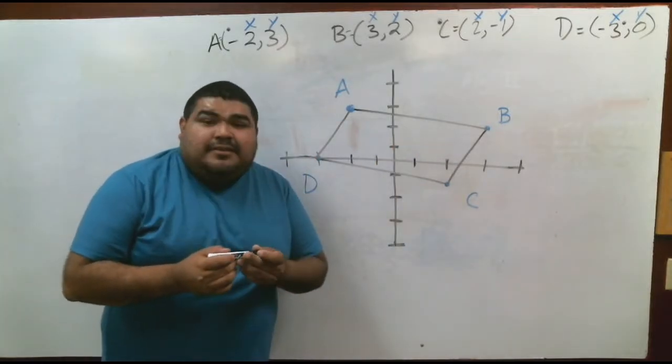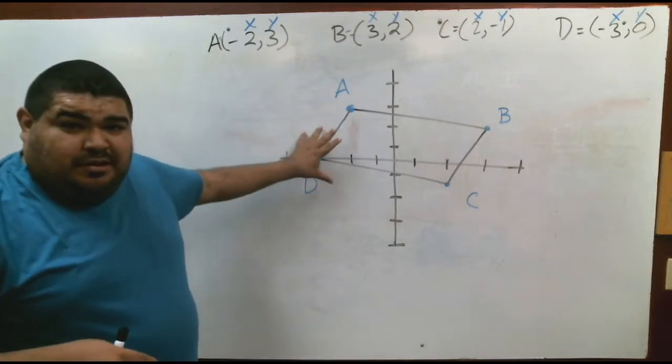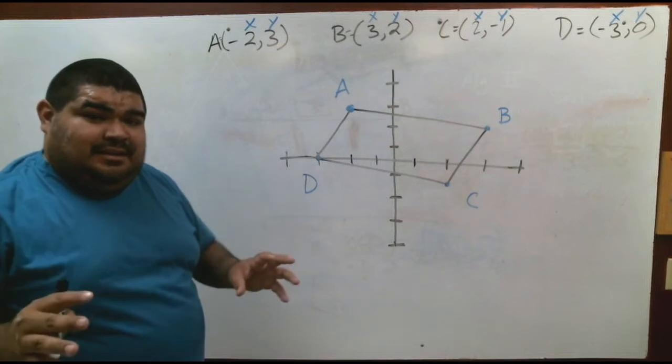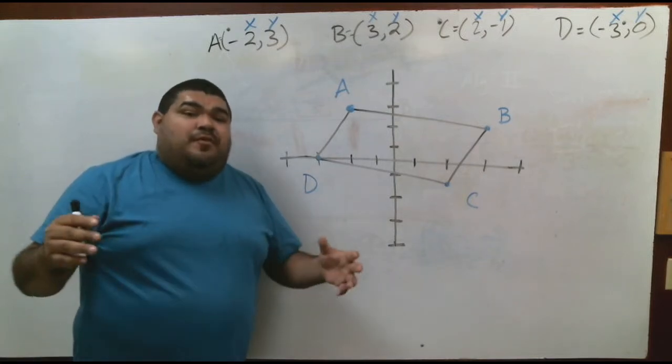Now that we have it, we're going to test those theorems. We're going to see if it's really a parallelogram. The way we're going to test it is we're going to use an equation that you are already familiar with. It's called the slope formula.